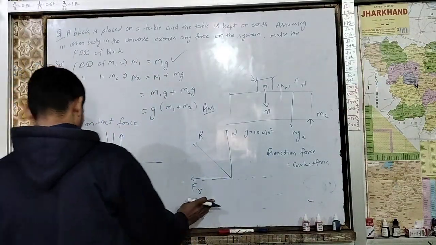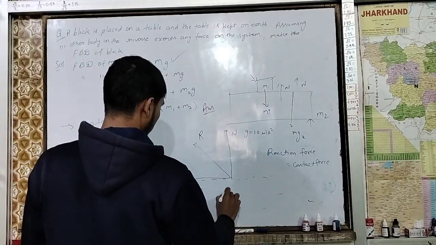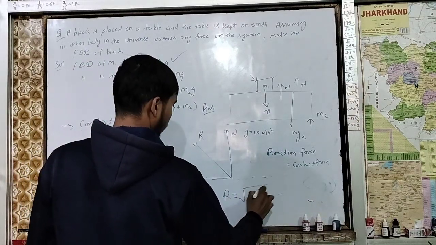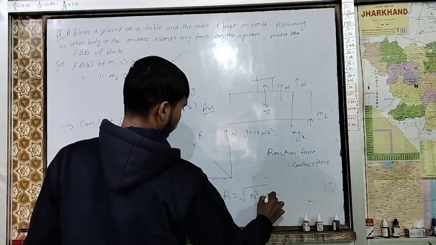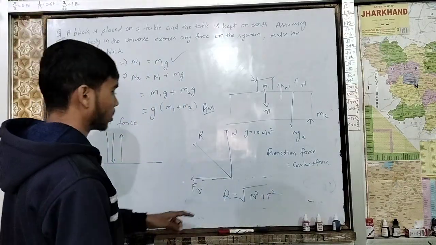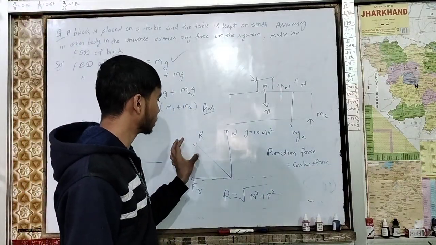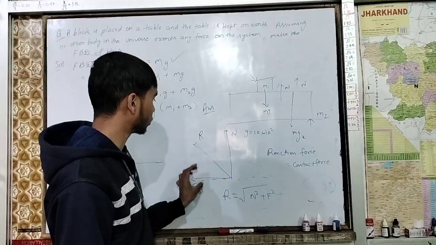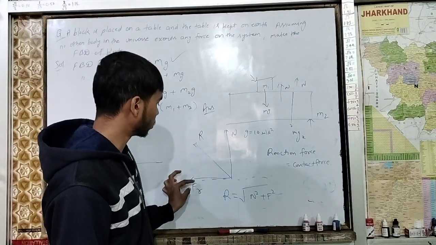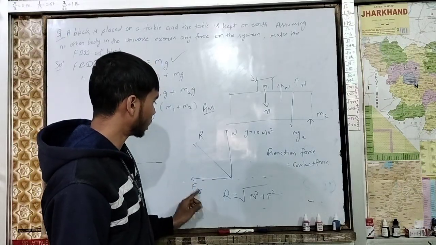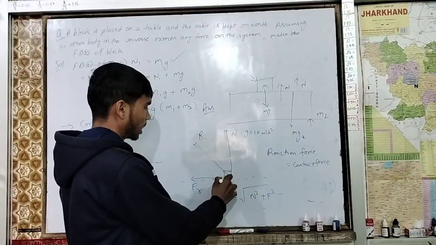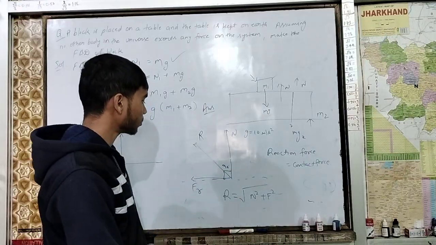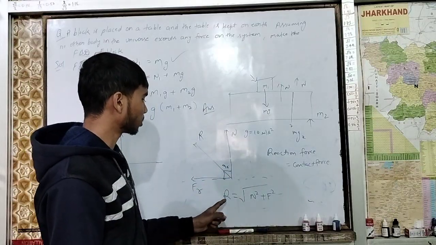So remember, R will be equal to N square plus F square, because we are considering this force as a resultant. Here the angle is 90, so Pythagoras can be used.